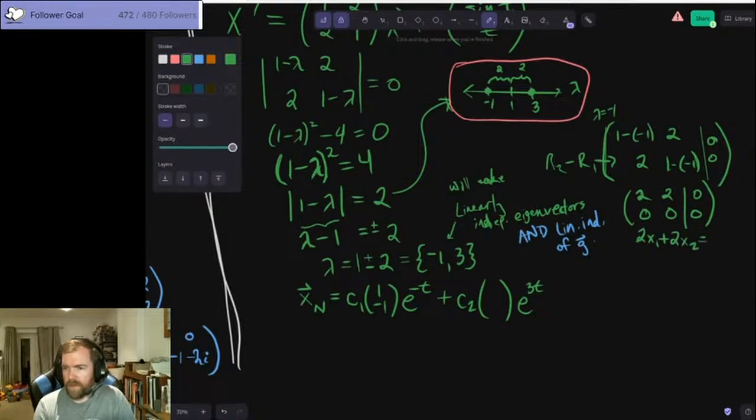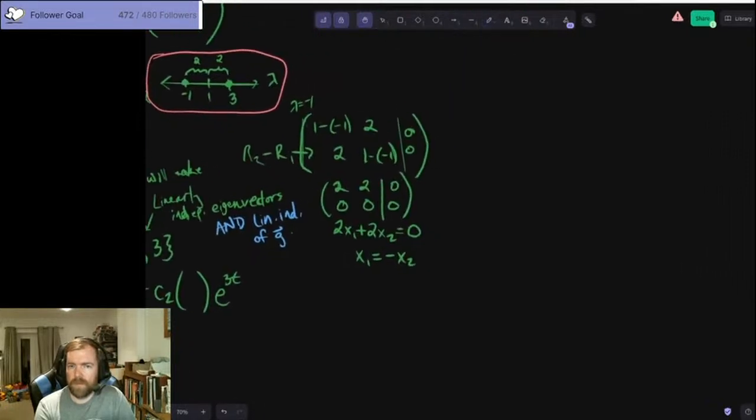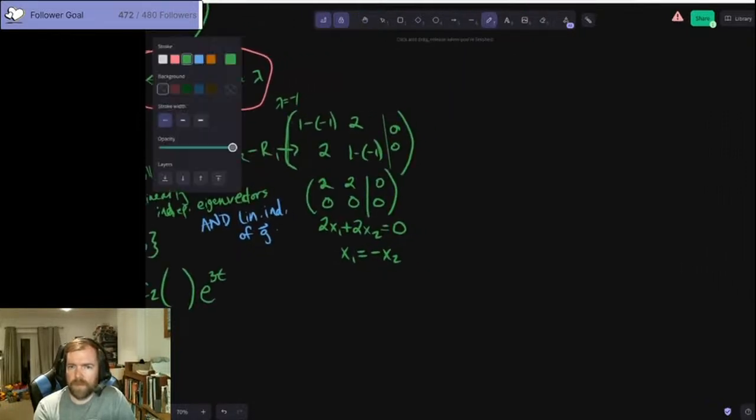And C2 times V2, this eigenvector 2, is going to be similar. We just put in lambda equals 3 rather than -1. So 1 minus 3, 2, augment 0, and 2, 1 minus 3, augment 0.